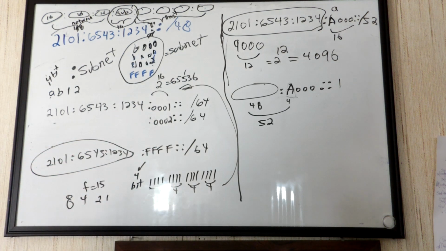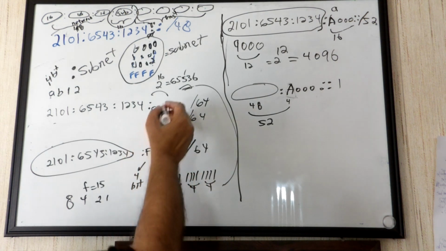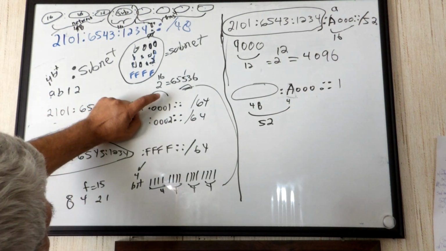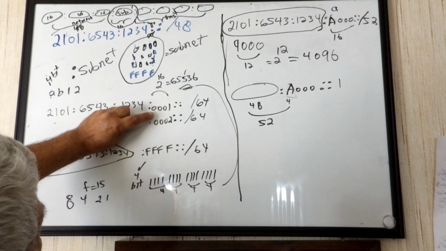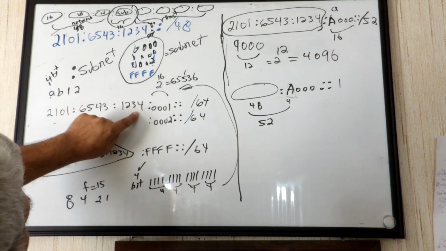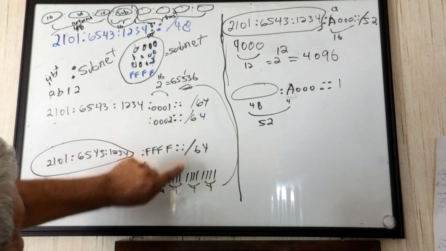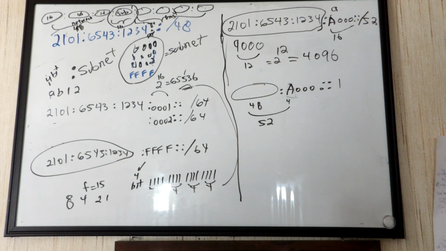It starts from 0, 1, 2, 3 up to F. This is for subnet, okay, this is the first subnet, second subnet, and it's going to be a total of over 65,000 subnets, so that's a lot of subnets.